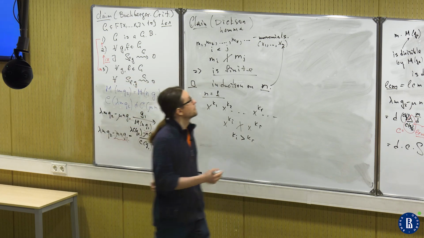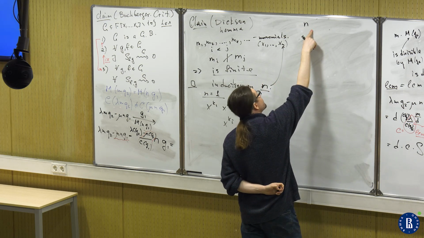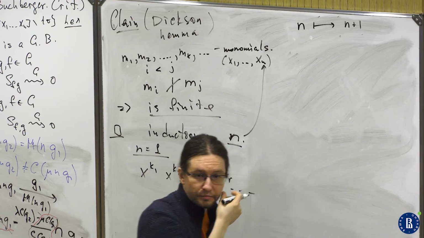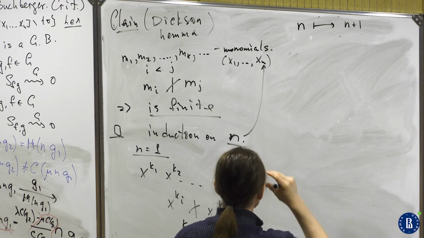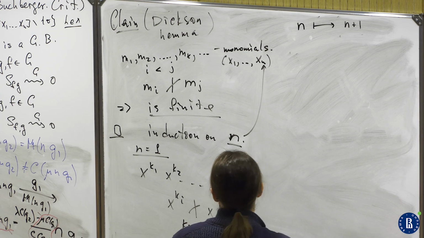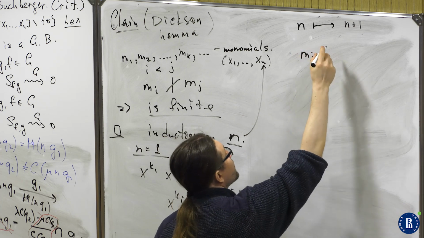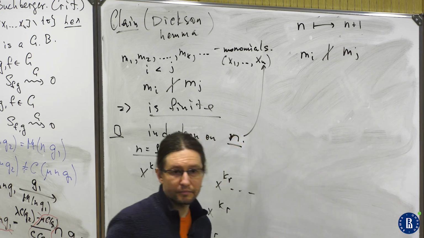So now we want to show that if we can prove this for n variables, then it can be shown for n plus 1 variables. Then it will be true for any amount of variables. Now, what does it mean that m_i doesn't divide m_j?